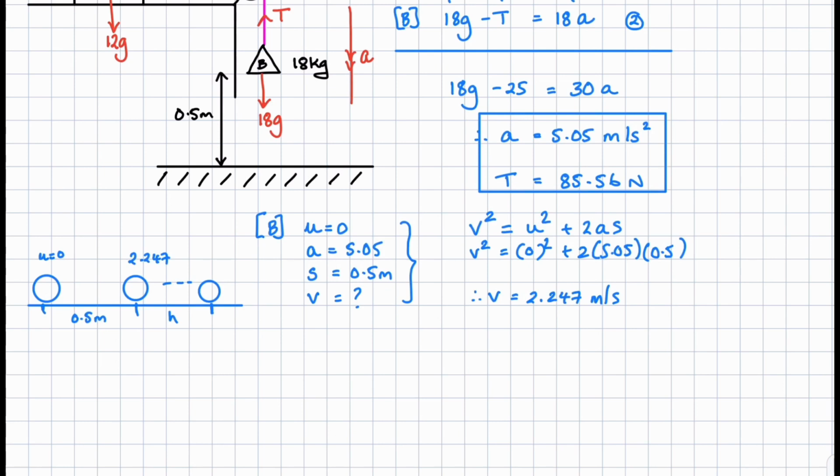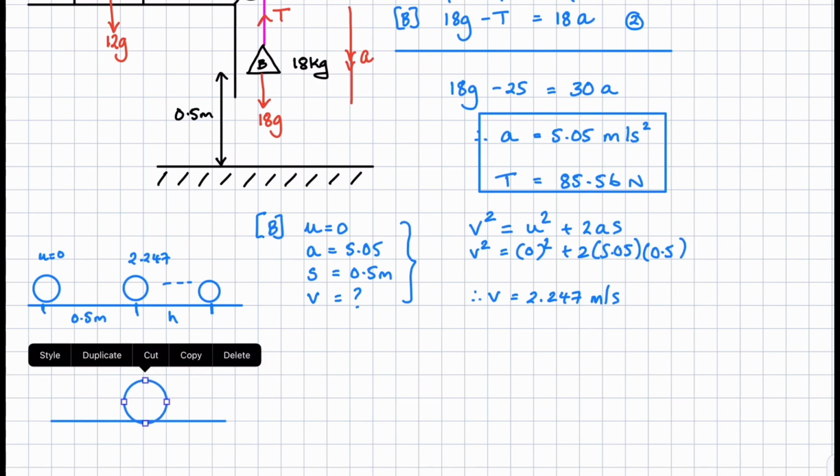So therefore the particle is decelerating. So what we need to do is calculate what that deceleration is going to be. So let's draw ourselves another little diagram. We've got our particle A, which is connected by a string which is at this stage slack.